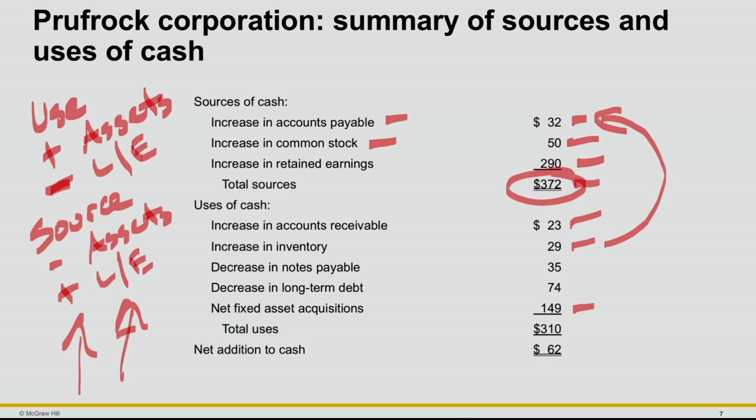Now, total uses were 310. So note that of the 372 in cash that was generated during that period, we only used 310 million. So where did the rest of the cash go? Well, it went into the cash account. So the amount of cash went up by that difference, that 62 million.